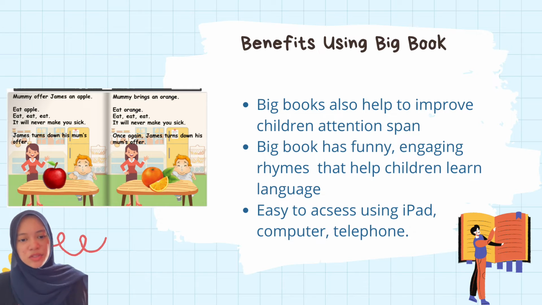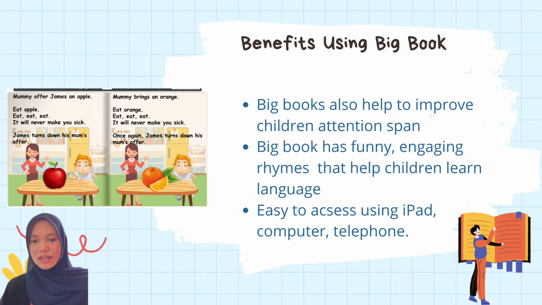Using a big book can improve their attention span by presenting it on a large projector. We can also provide them with a smartphone or an iPad to access the book by themselves.